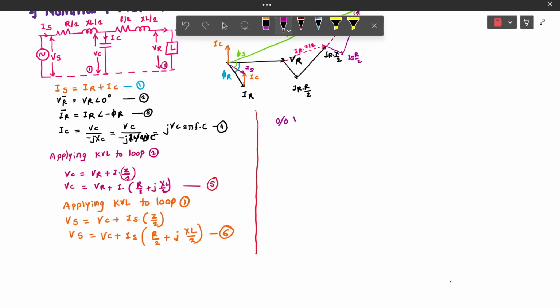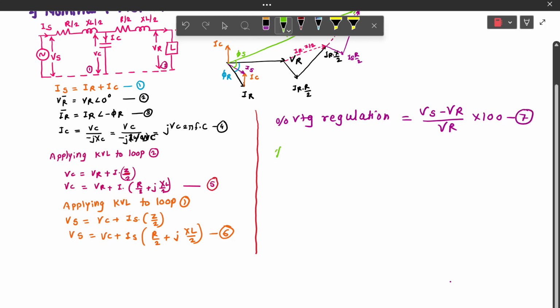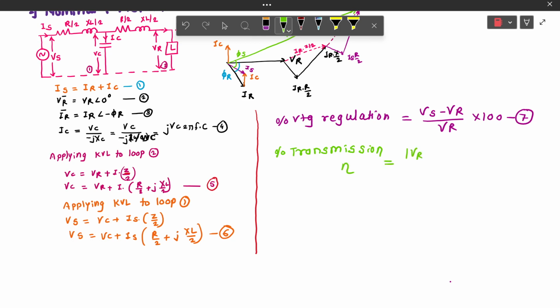and Vs. Now, the percentage voltage regulation formula can be written as Vs minus Vr upon Vr into 100. Equation number 7. Also, the percentage transmission efficiency can be calculated as the magnitude of Vr phase into Ir phase into cos phi r upon Vs phase into Is phase into cos phi s into 100.